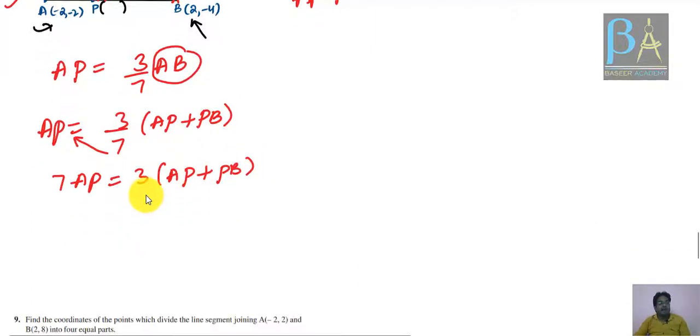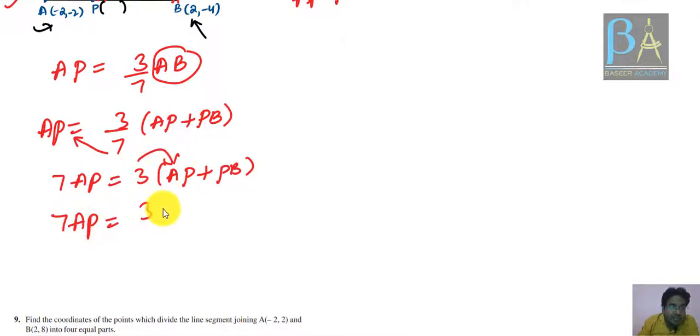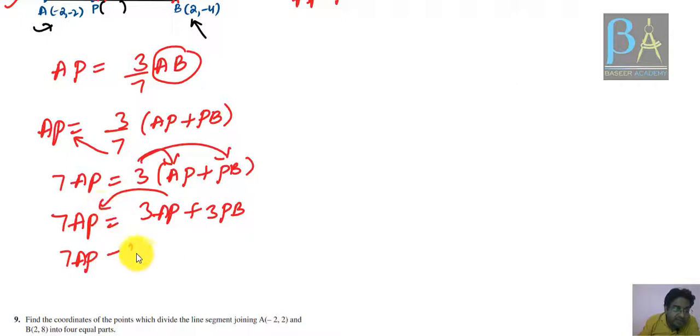Let me multiply by 3 and open the bracket. So what do I end up getting? 3 into AP is 3AP, and then 3 into PB is 3PB. So 7AP equals 3AP plus 3PB; if I take 3AP to the left hand side, it becomes minus 3AP, and on the right hand side 3PB is remaining. 7AP minus 3AP is 4AP, that is equal to 3PB.